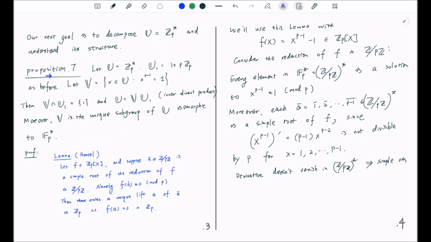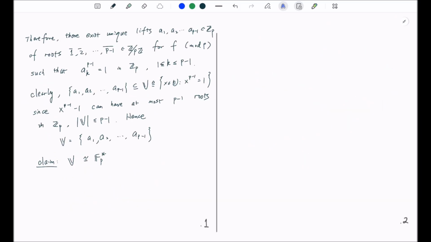But remember, for this proposition, we need to show that V is isomorphic to Fp star and is the unique subgroup with such property. Why is it so? They are isomorphic because if we consider the reduction map, which we denote by pi, from U to Fp star, sending x to x mod p.